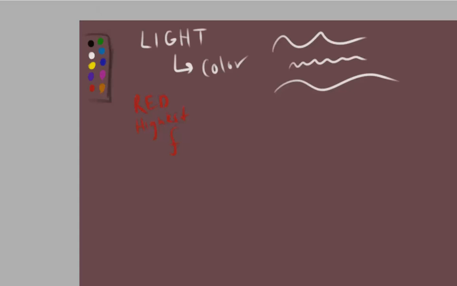Oh god, where's my eraser? There it is. That is way too big. There we go. Brush. Lowest. I'm trying not to English here, so bear with me. And violet. This is like fuchsia, but whatever.